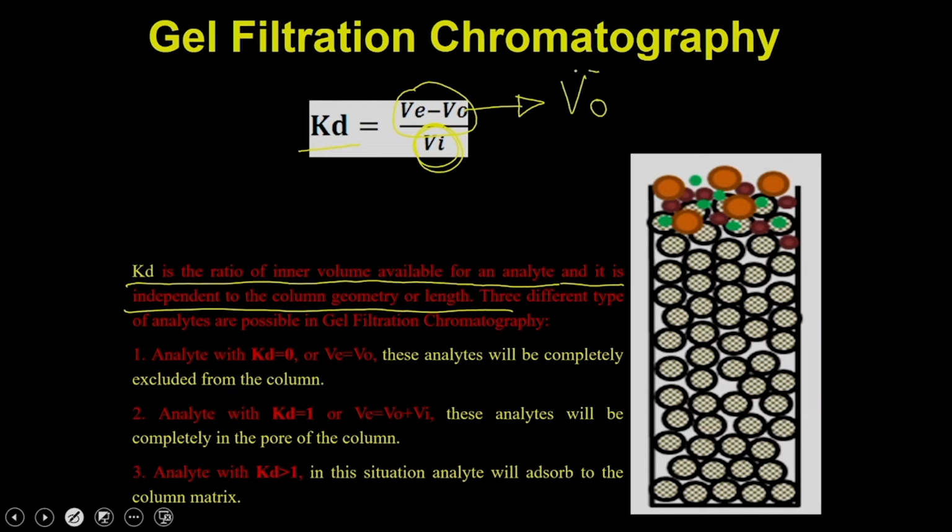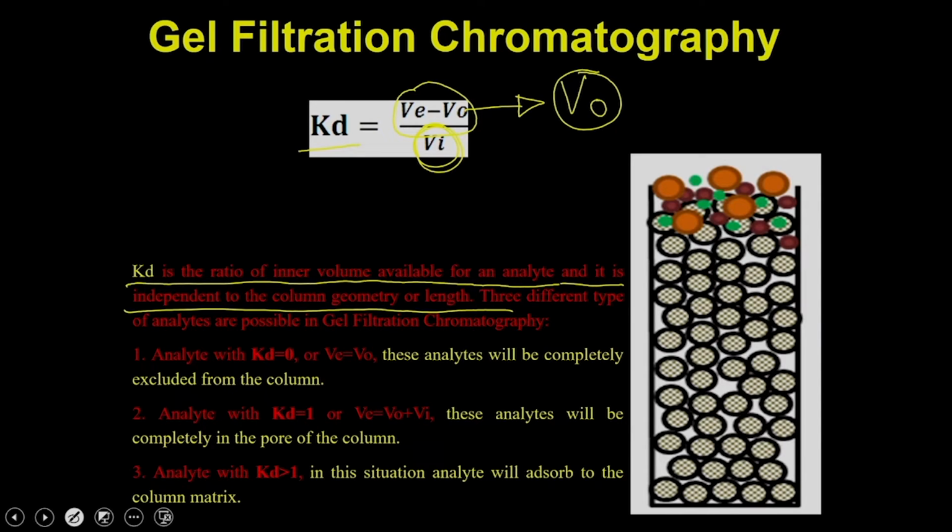So, the pore volume may not change, but Ve minus Vo will change proportionally, and that is why Kd is the ratio of the concentration of the analyte in the outer volume versus the inner volume, and it is independent of the column geometry or the length.